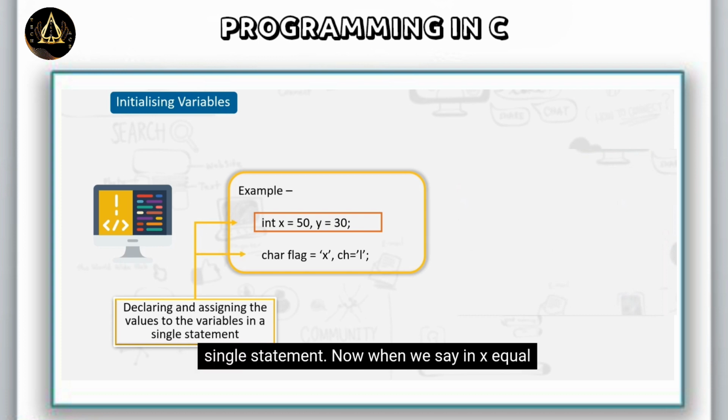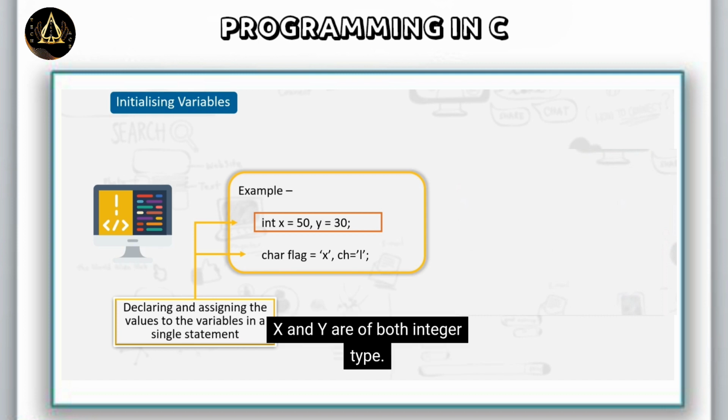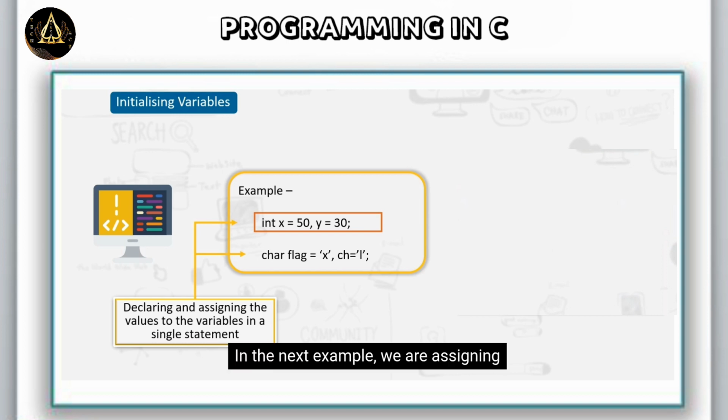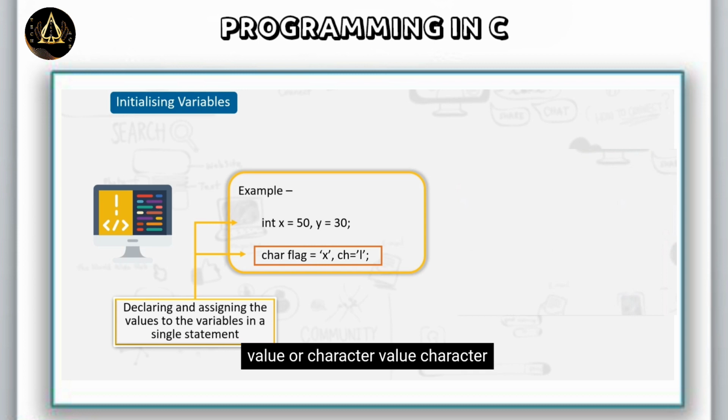When we say int x equal to 50, comma y is equal to 30, we are assigning 50 to variable x and 30 to variable y, both of integer type. In the next example, we are assigning the character constant x to flag, which is of type char, and also assigning the capital I to ch, which is a variable of type char.